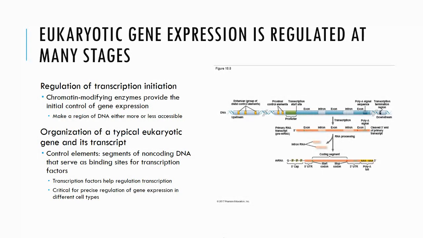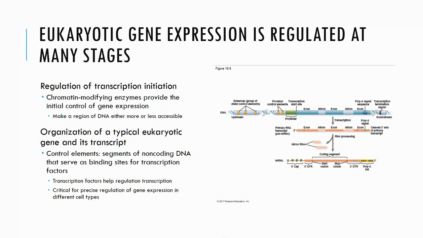And there are control elements, which are the segments of non-coding DNA that serve as binding sites for transcription factors. And we talked about this some with protein synthesis, but we'll look at some more detail here.